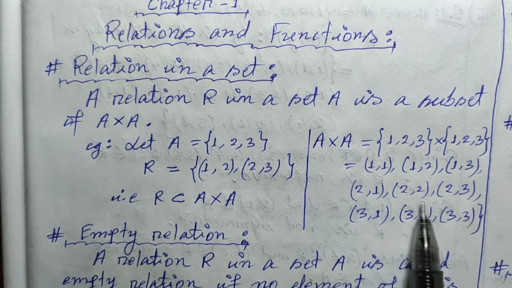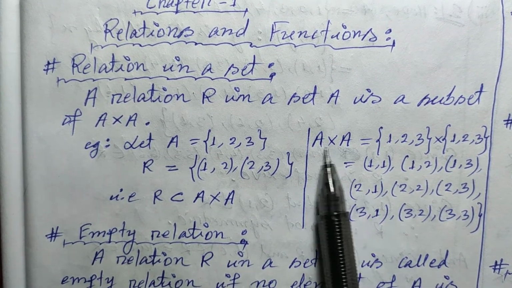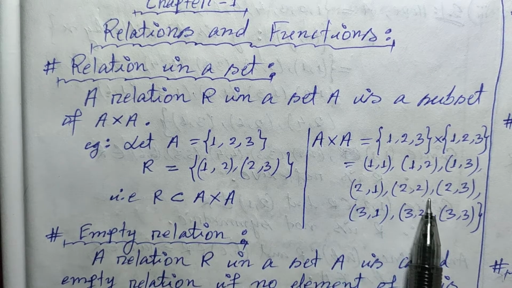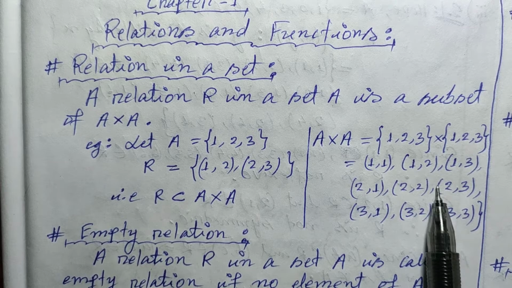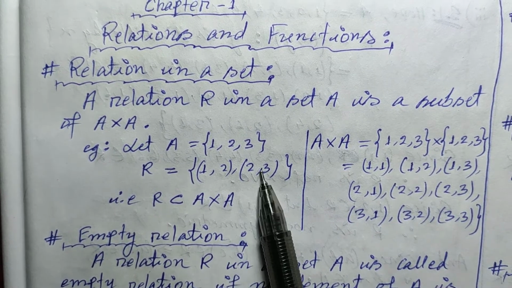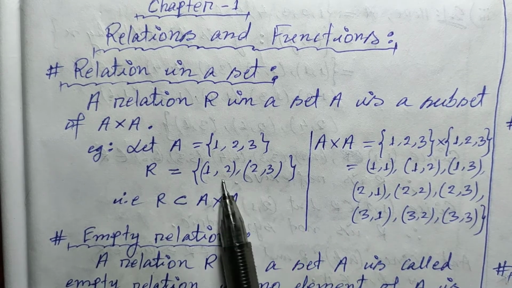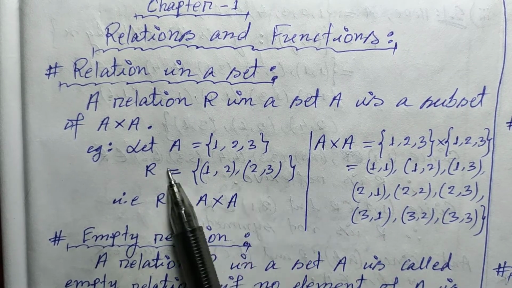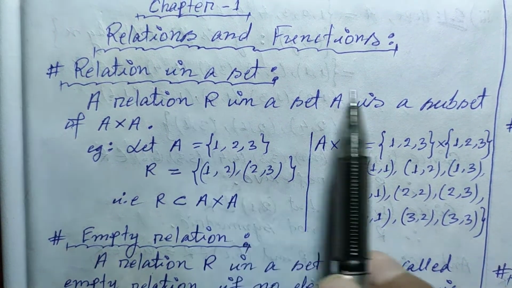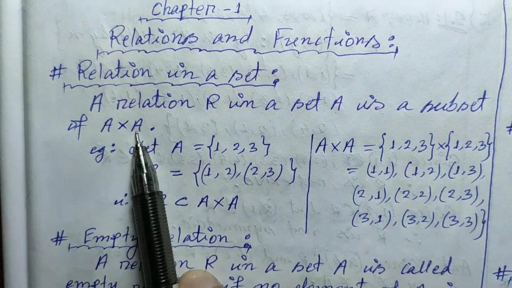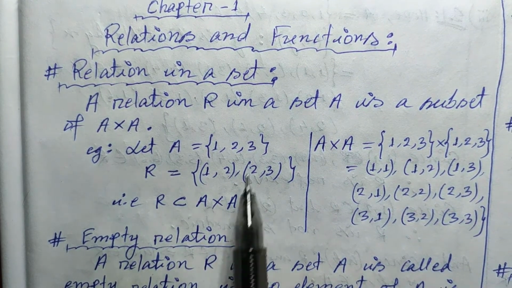These are the Cartesian product of A and A, that means A cross A. The ordered pairs (1, 2) and (2, 3) are included in A cross A. Therefore, R is a subset of A cross A. Therefore, it is a relation. And we know that a relation in a set A is a subset of A cross A. If the relation is a subset of A cross A, then it is a relation.